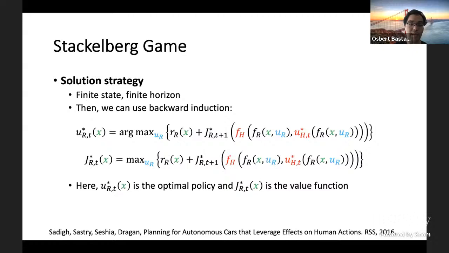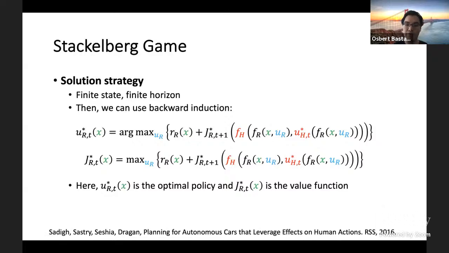In particular, for the finite state and finite horizon setting, we can generalize the standard dynamic programming or backwards induction algorithms to solve Stackelberg games. Here I've shown the rules for the robot. So URT star here is the optimal policy at time t.